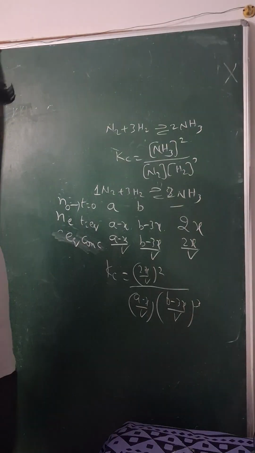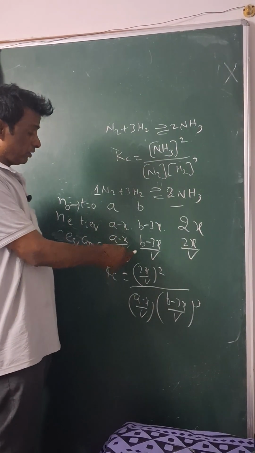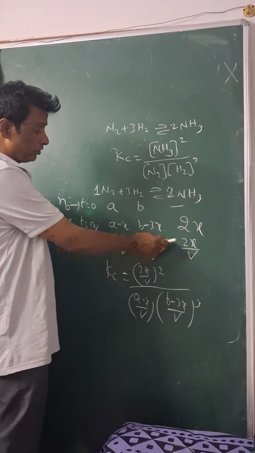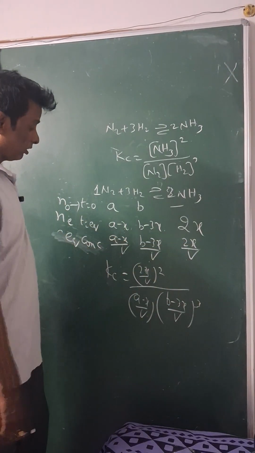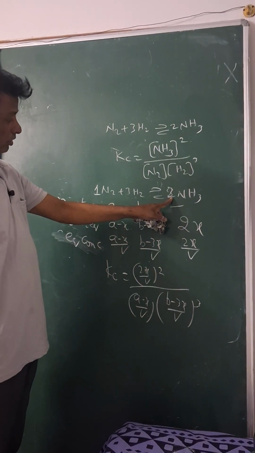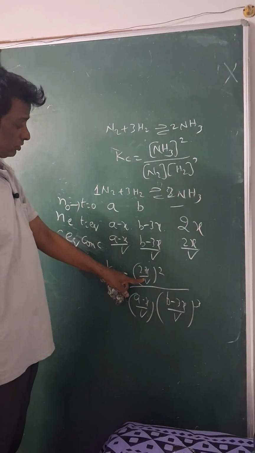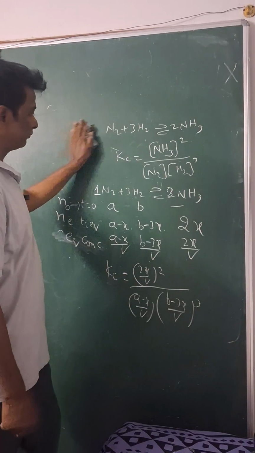You can find Kc. What are given? A, X, V are given. B, X, V are given. 2X, V are given. These are given. So you can find Kc. So equilibrium concentration of products by equilibrium concentration of reactants.